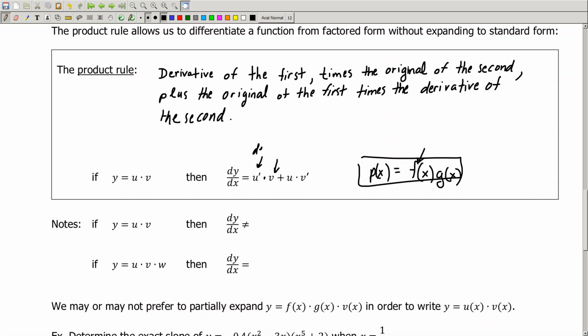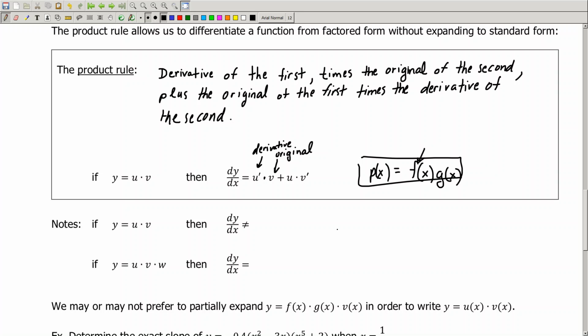So this is a derivative, and this is the original. When it has a prime, it means it's a derivative. When it doesn't, it's the original function. Then you add the original of the other function multiplied by the derivative. So you swap derivatives and you add. And that's basically how you apply the product rule.